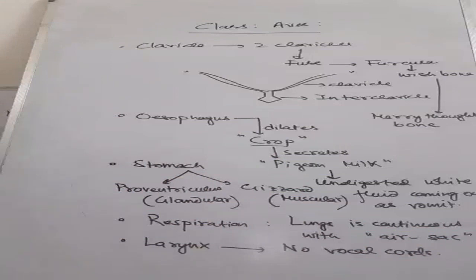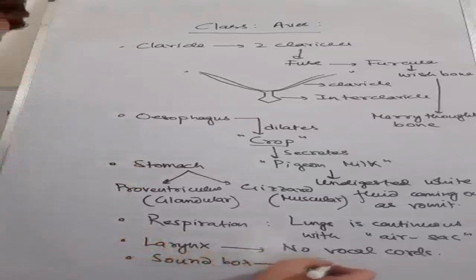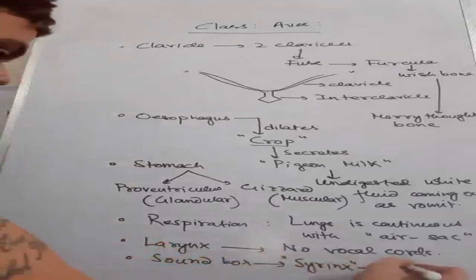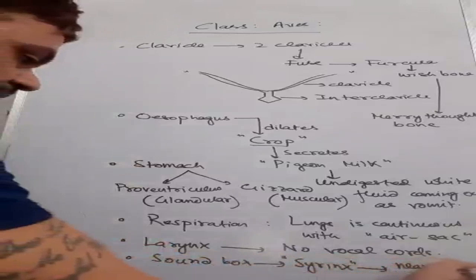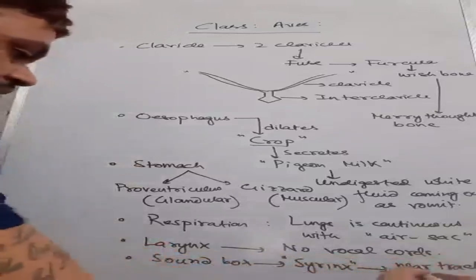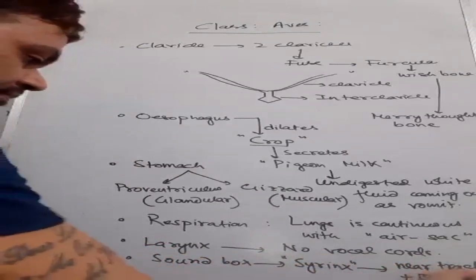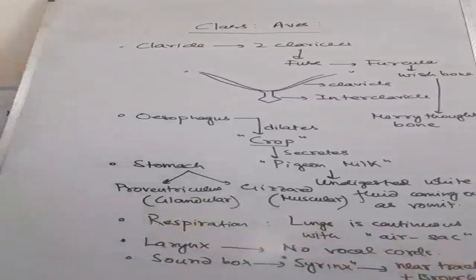There is a sound box which is known as the syrinx, which produces voice, and it is near the trachea and the bronchi of the bird. So this is about their sound box.